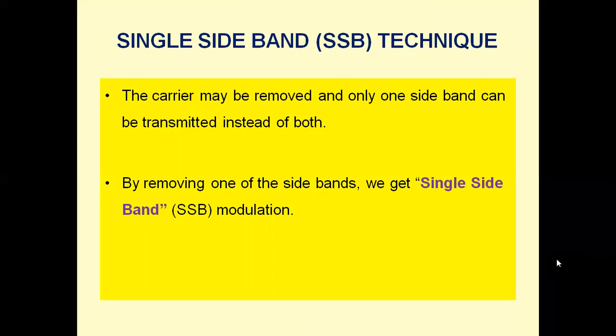By removing the carrier and by removing one of the sidebands from AM, we are getting a new modulation scheme known as the single sideband modulation scheme. So what is a single sideband modulation scheme? It is nothing but transmission of only one sideband. If we transmit only one sideband, there is no problem of signal recovery.